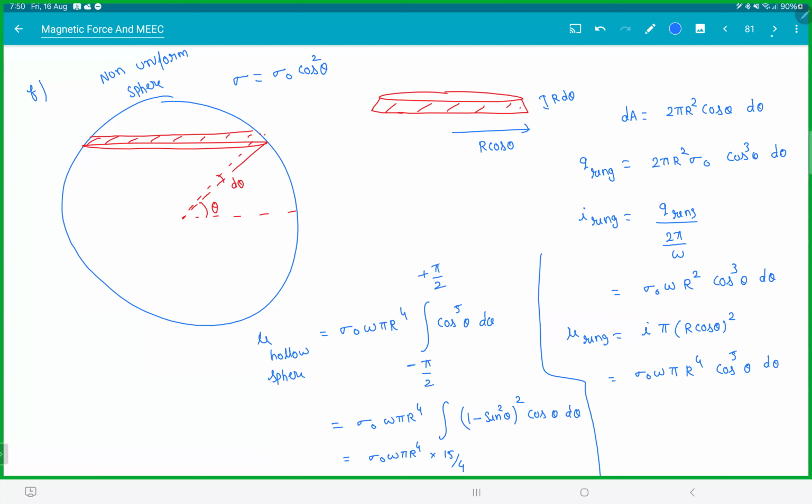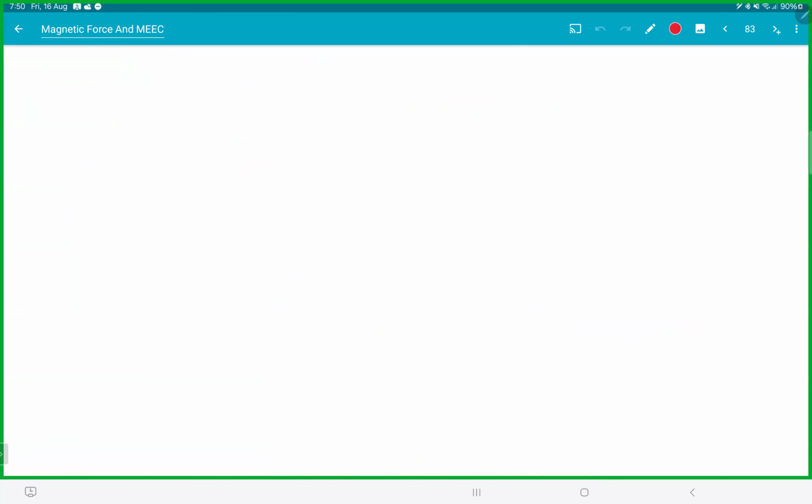But now, from all this, if you see, there's a general formula we get. Again, this is valid only for uniform charge distributions.